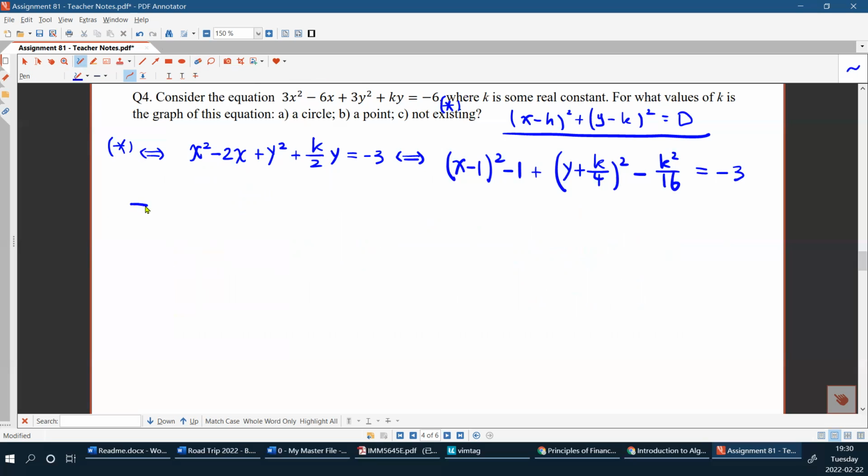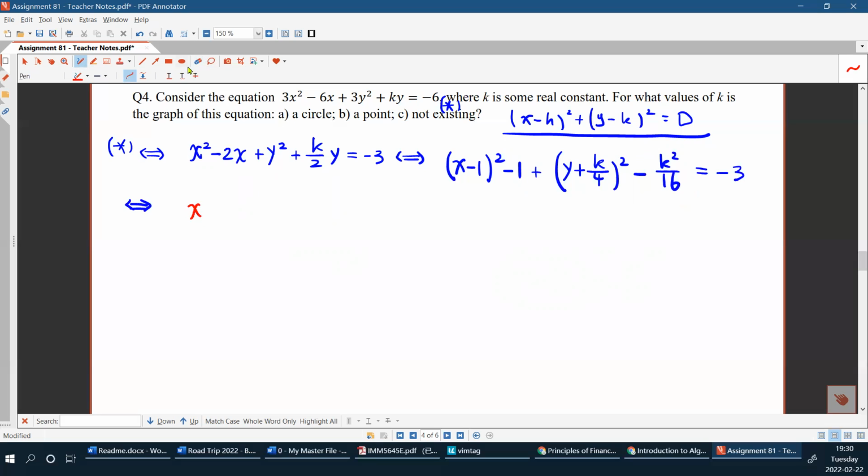All right, so this is further equivalent to, you can then move all the constants to the other side. -1 is a constant. Because k is a constant, -k squared over 16 is also a constant. So let's move all the constants to the right side.